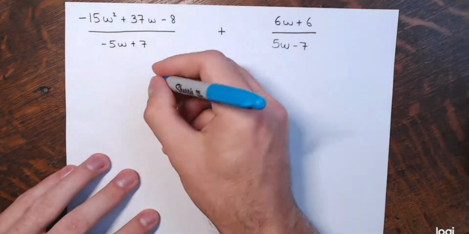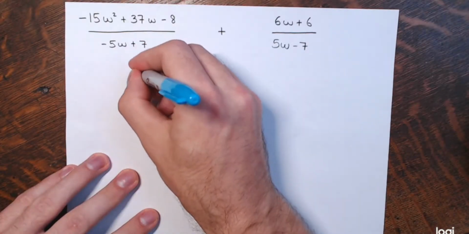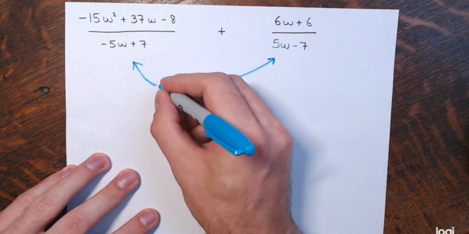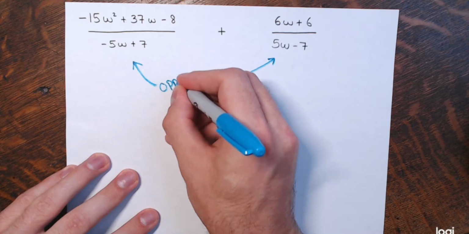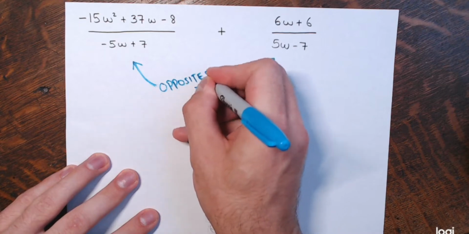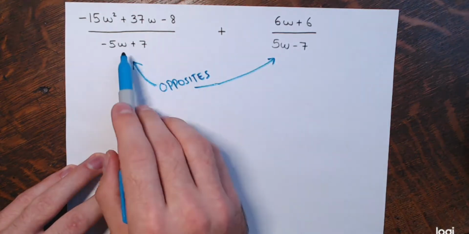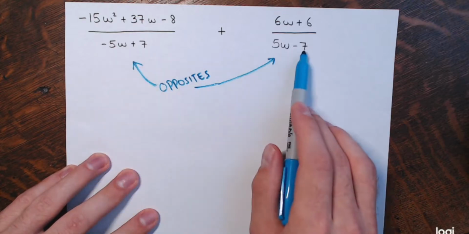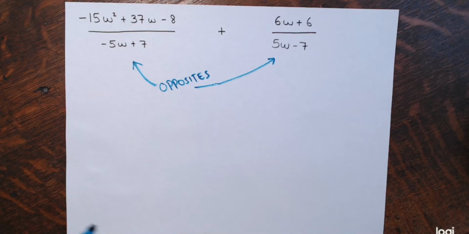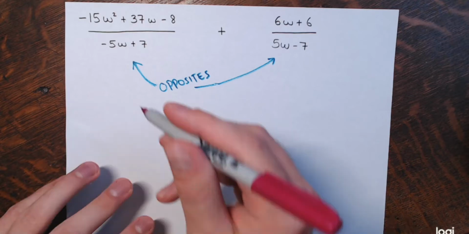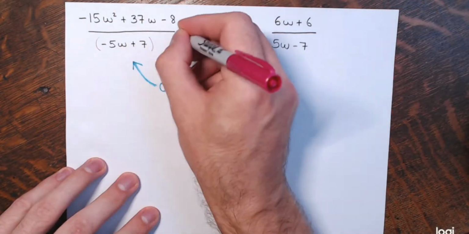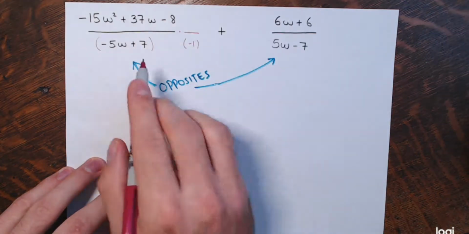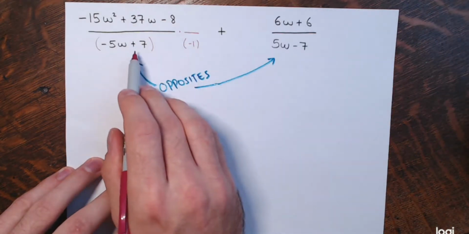All right. So once again, you could do the thing where you factor the denominators, but I'm noticing that these denominators are opposites. If I just multiply this denominator by negative 1, I'd get this denominator. So they're opposites, and that's what I'm going to do. Multiply this denominator by -1. But remember, you can't just multiply the denominator of a fraction by something.